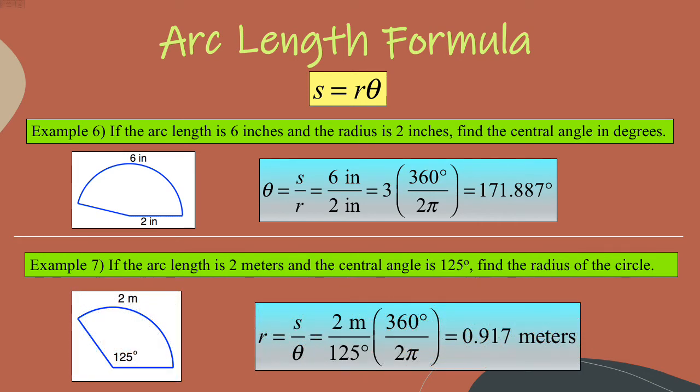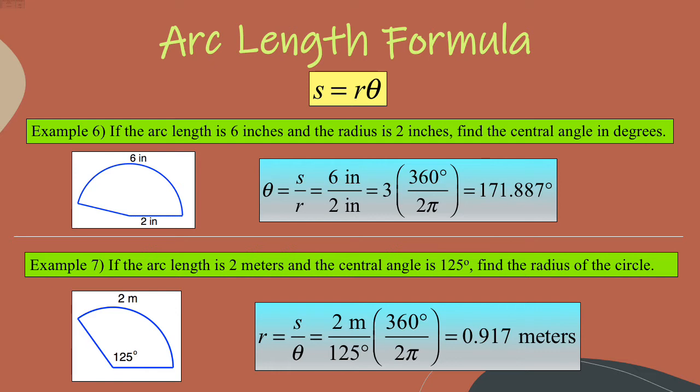Again, drawing the picture to scale will give you the information that the radius will probably be about half the arc length. We use the formula S equals r theta. Solving for r, we get r is equal to S over theta, and that gives 2 meters over 125 degrees.